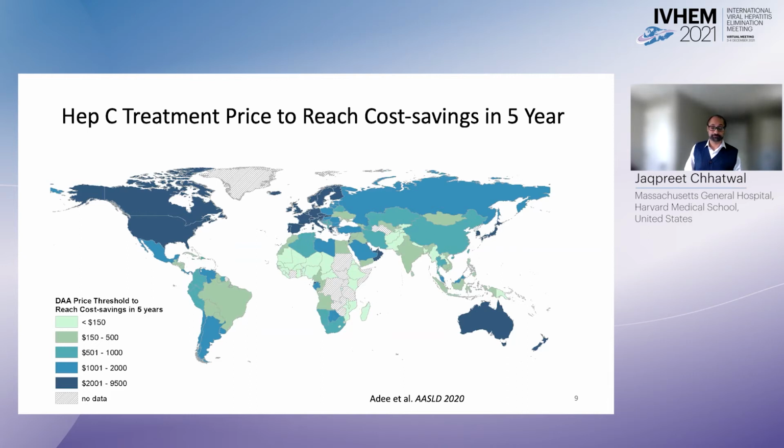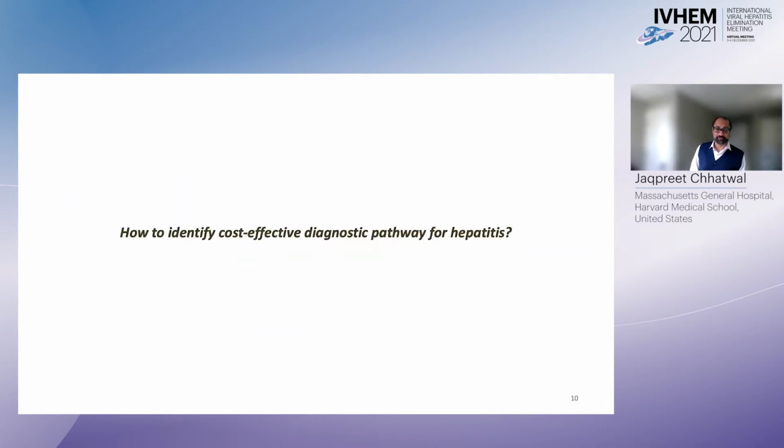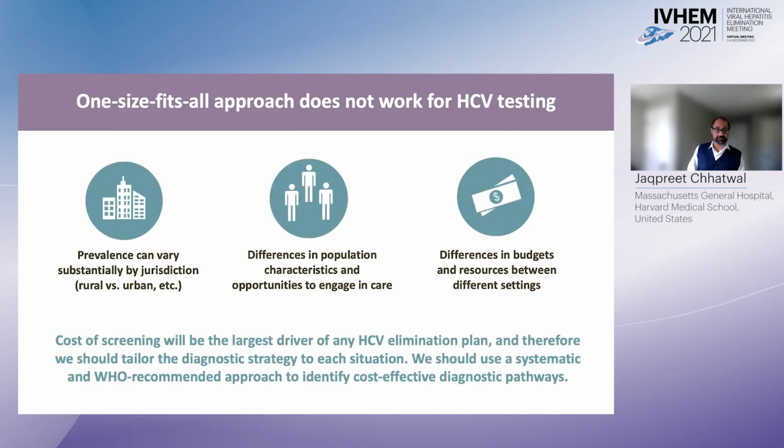So next, we can also use such models to inform what is the most cost-effective way to diagnose hepatitis. Taking an example from hepatitis C, this is an extension of the hepatitis C calculator project, where we showed how to identify a cost-effective hepatitis C pathway. And why do we need that? Because we know that one size does not fit all when it comes to hepatitis C testing, because prevalence can vary substantially from one region to another.